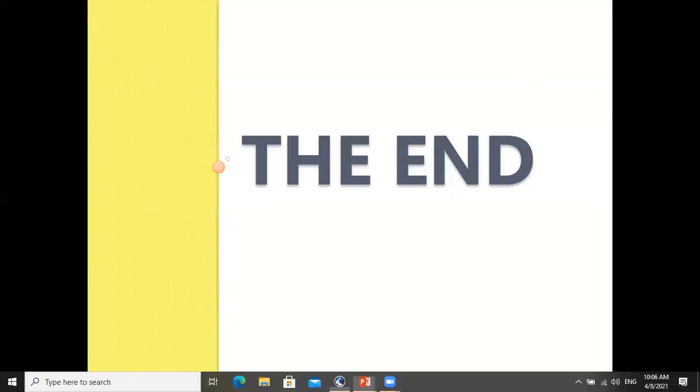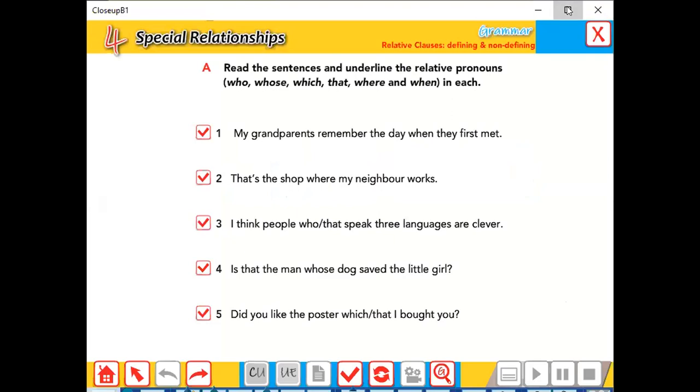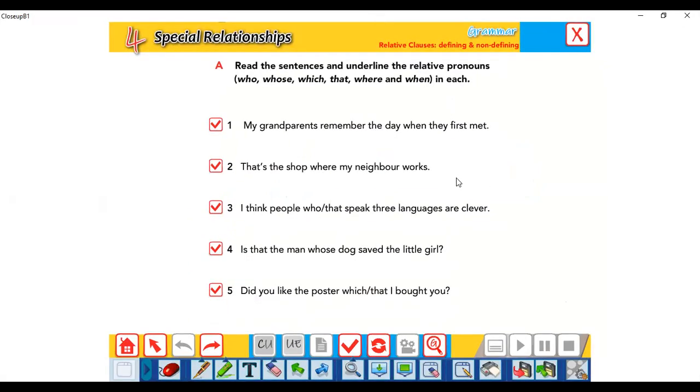Okay, we have finished this exercise, but would you please open your Close-up books, page 47?